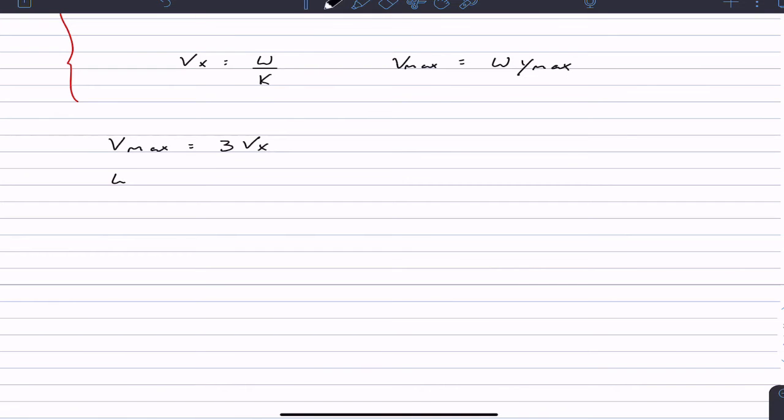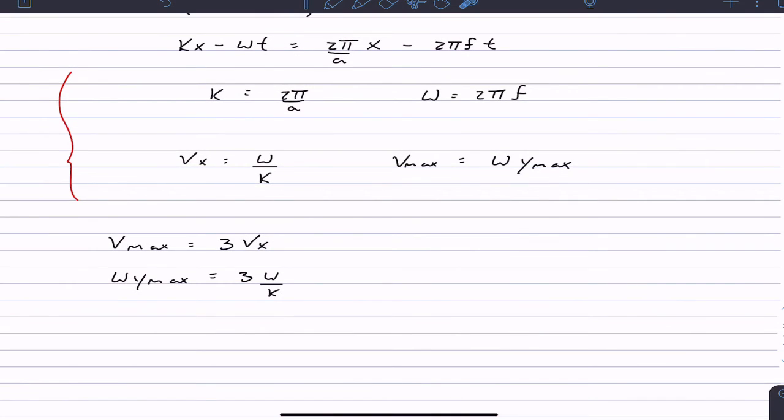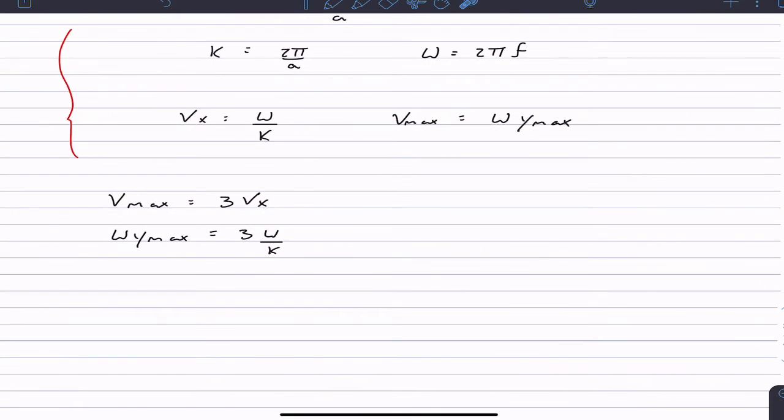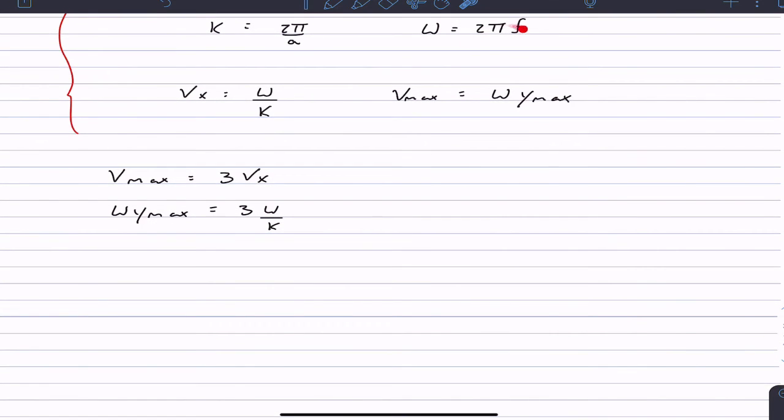So what does that mean? Well, that means that omega y max is equal to 3 times omega over k. And k was 2 pi over a. We could use this, but I don't think we're going to, considering that this is here and this is here. Those cancel.